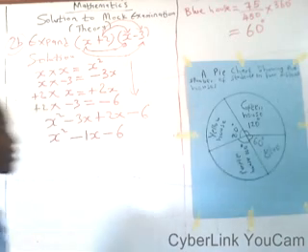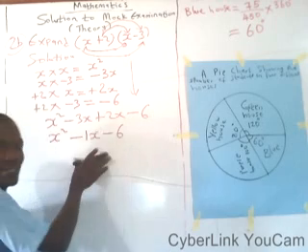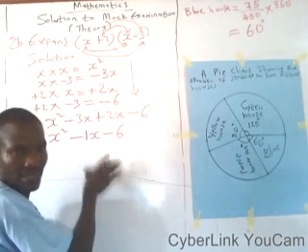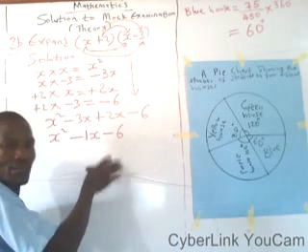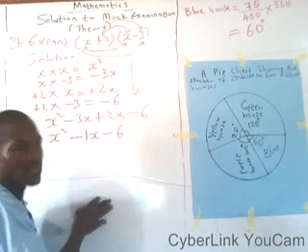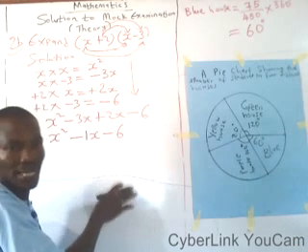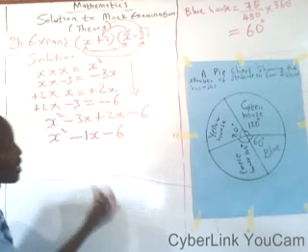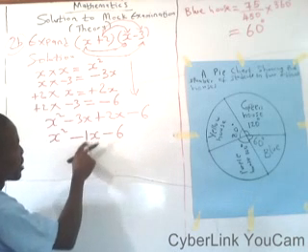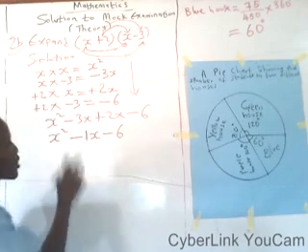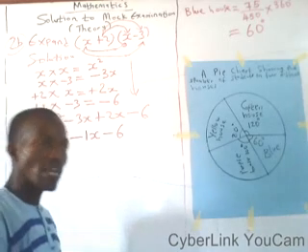Now, is this the final answer? Yes, it is. Is this how we are going to write it down whenever we are asked such a question? Yes, that is how we are going to write it down as your final answer. The only exceptional case is that where I write 1 here, it may not be necessary.